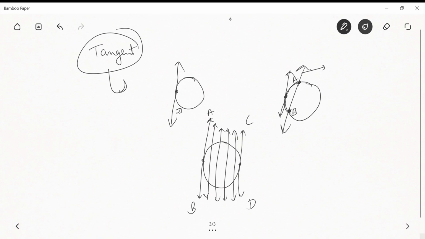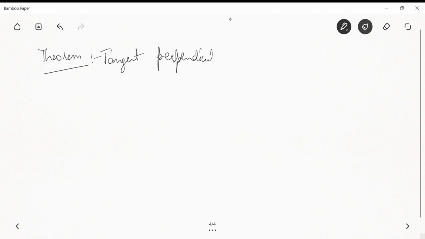Now in this chapter we are having some theorems. The first theorem is: the tangent is perpendicular to the radius at the point of contact.